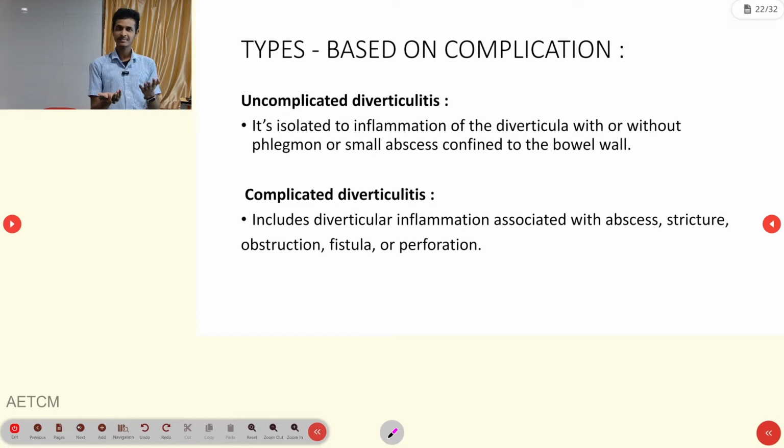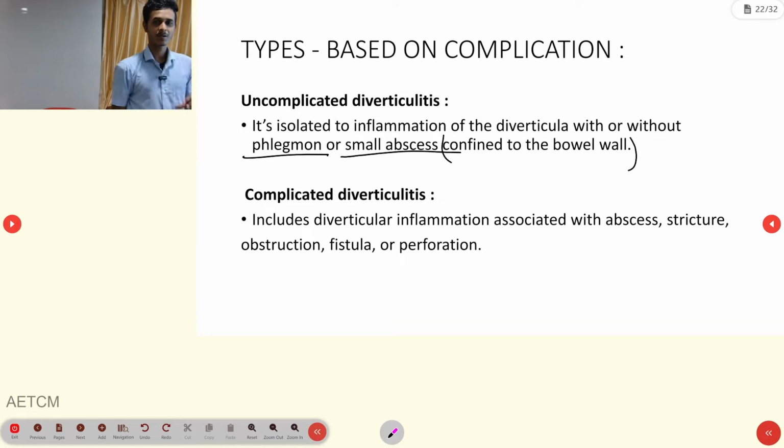Uncomplicated means inflammation of the diverticula, with or without phlegmon or small abscess, that is confined to the bowel wall. If the affected area does not spread to another area, it is confined, and that is called uncomplicated diverticulitis.